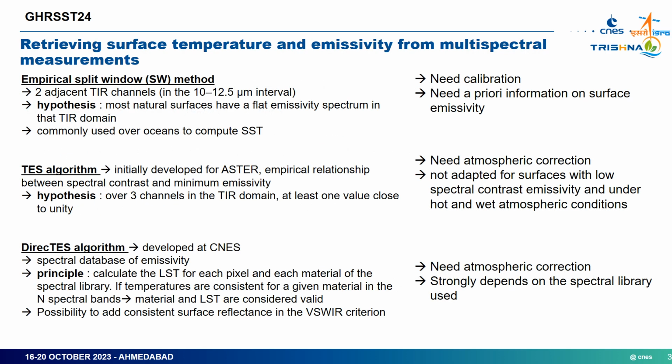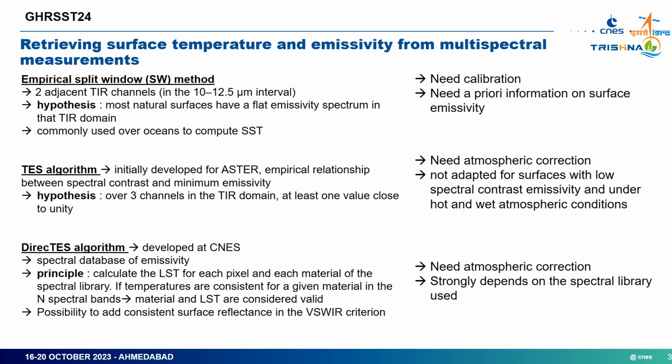Different algorithms are classically used to derive surface temperature and emissivities. First, empirical split window methods derive surface temperature from measurements in two adjacent TIR channels in the 10-12 micrometer interval.